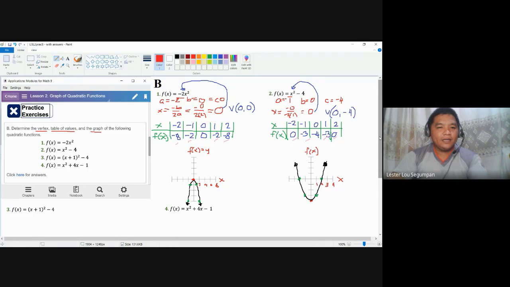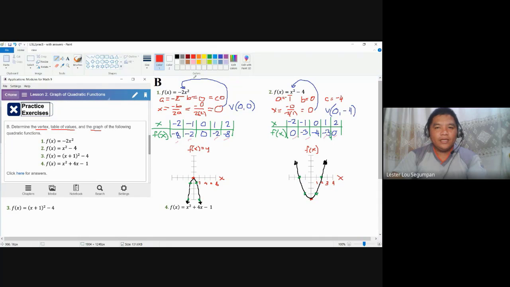Let's proceed with number 3 here. In number 3, again, we just need to start with the vertex. However, luckily for number 3, it is already in vertex form. The vertex form of a quadratic function, if you can still remember, is a times x minus h, squared, plus k.